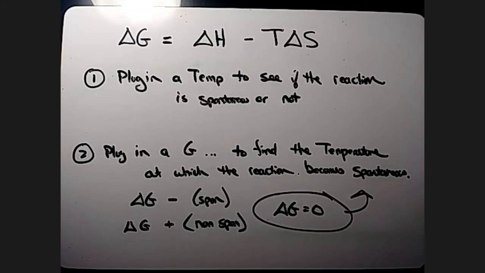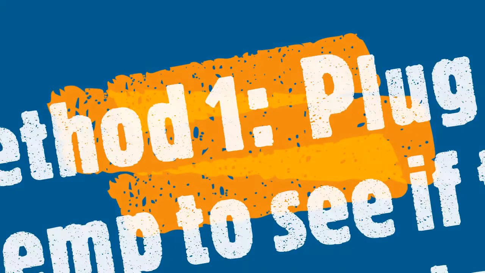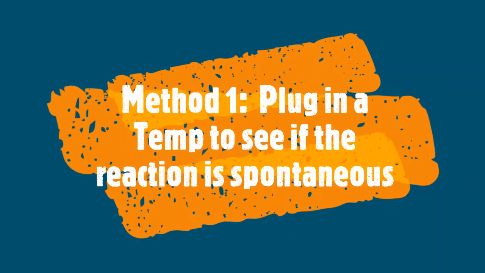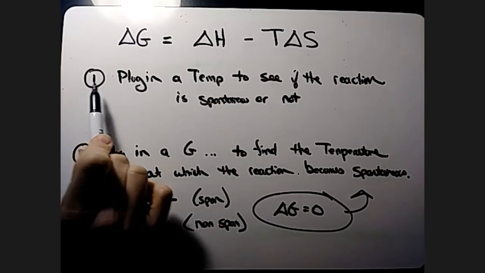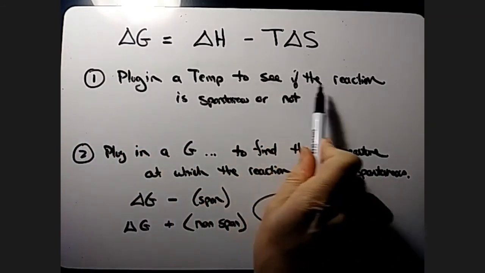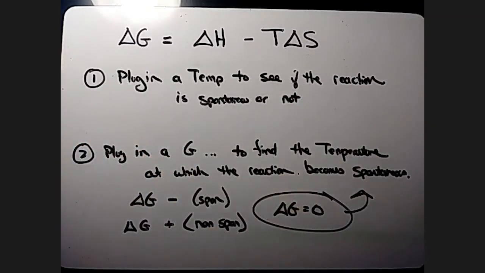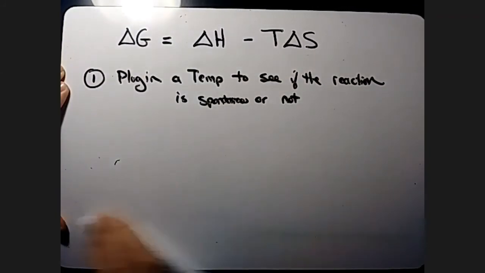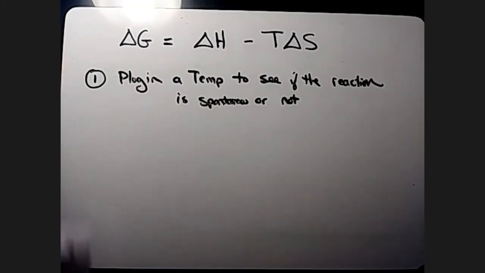All right, so again, I think it might be beneficial to go through a sample problem to actually see what this looks like. I want to go through example number 1 first, to plug in a temperature to see if the reaction is spontaneous or not. So let me get rid of this down here, and let's look at a very specific chemical reaction.